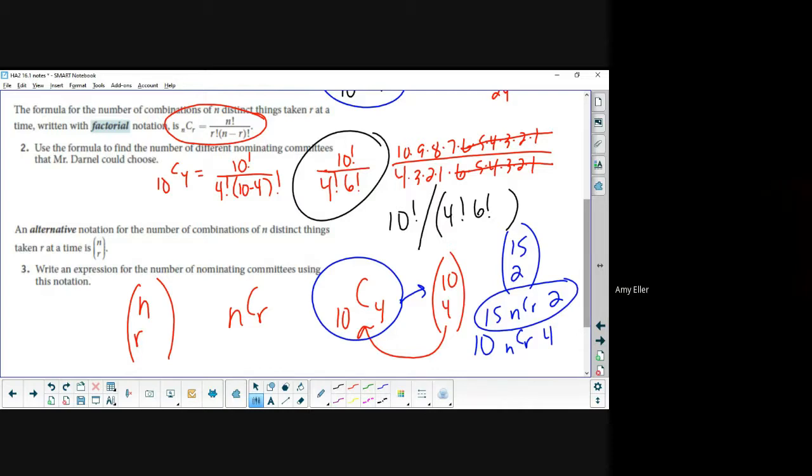Hit that third choice, nCr 2. 105 different ways you could pick 2 people out of a group of 15. Any questions on combinations or either of these notations? You're going to start to see the connection when we get to the end of this second page here.